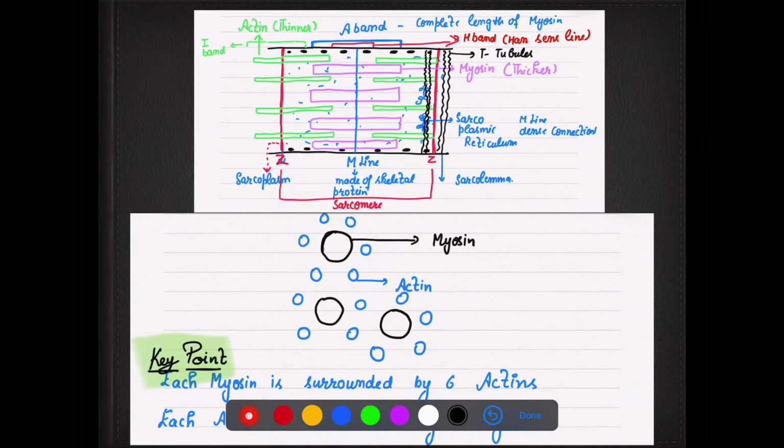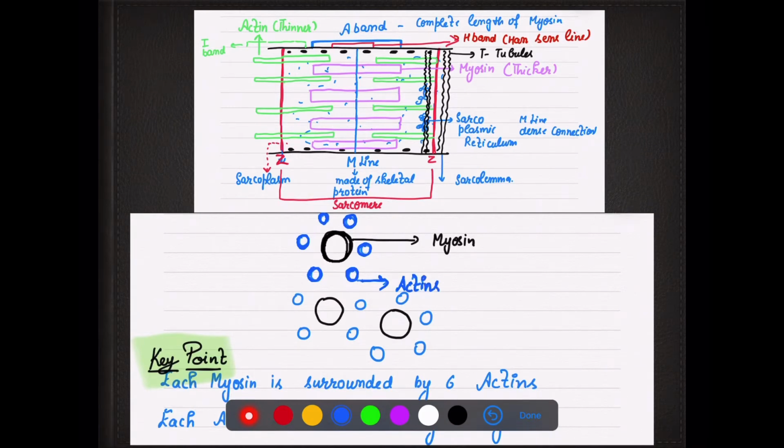This is our one myosin, and every myosin is covered by 6 actin proteins.